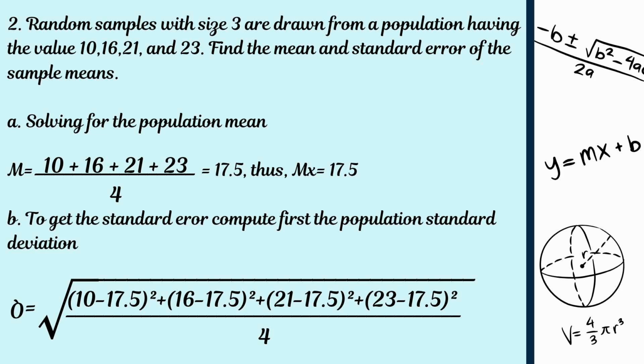X sub 3 is 21 minus 17.5 equals 3.5. For x sub 4 is 23 minus 17.5 equals 5.5.